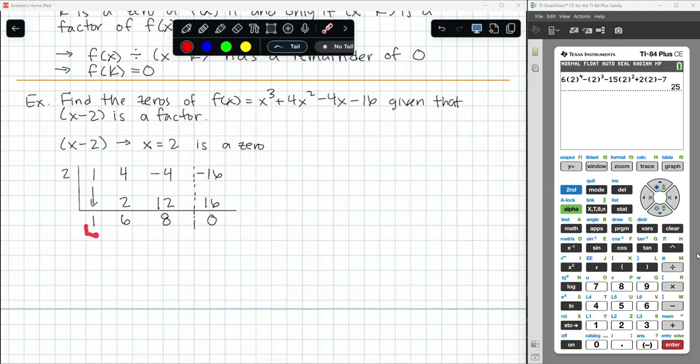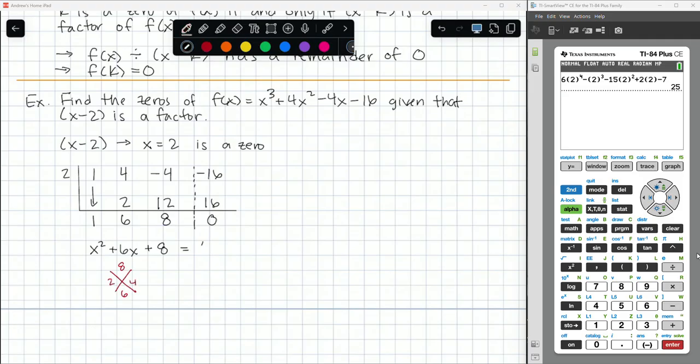And I know these are now the coefficients on my reduced polynomial. So x squared plus 6x plus 8. And this is something I know is factorable. So I'm looking for factors of 8 that add to 6, and I know that that's 2 and 4.